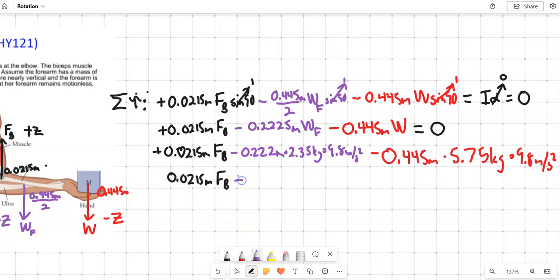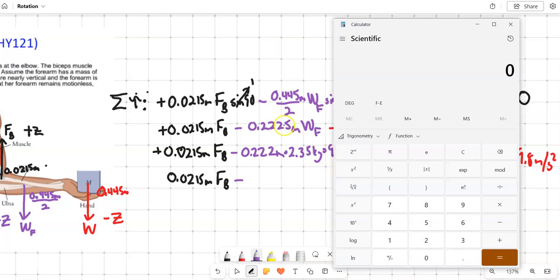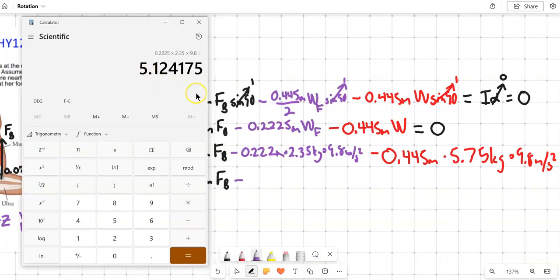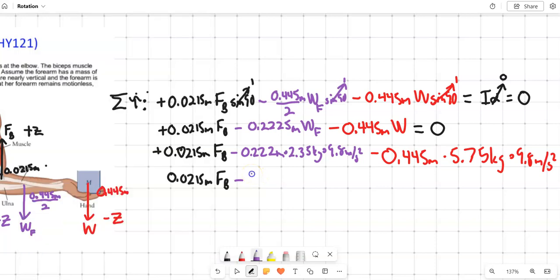That purple torque, which is going to be negative: 0.2225 times 2.35 kilograms times 9.8. That's going to be 5.124 Newton meters.